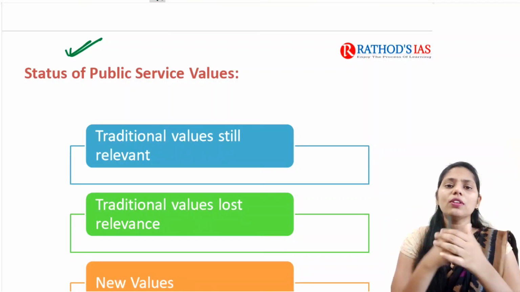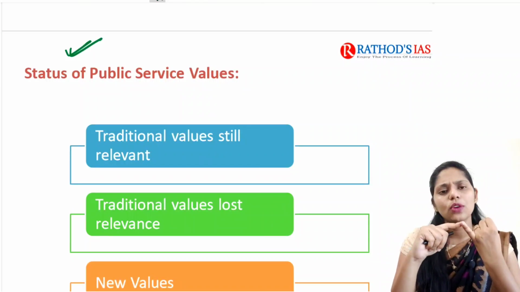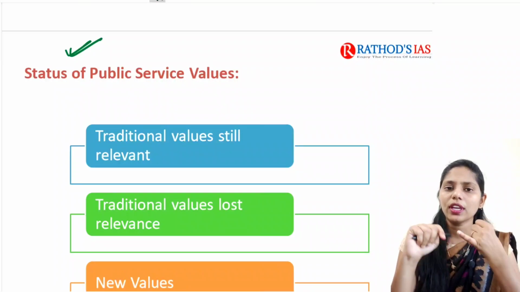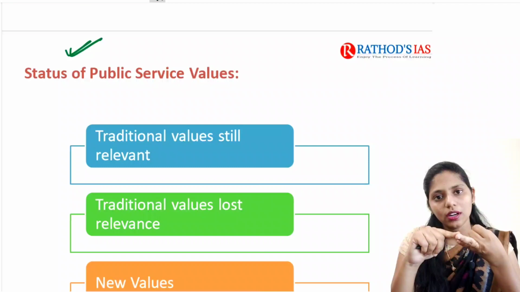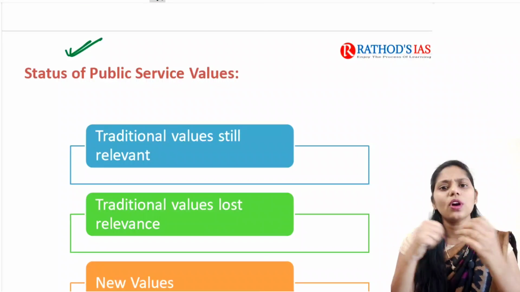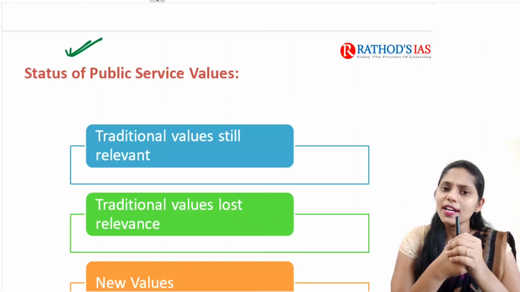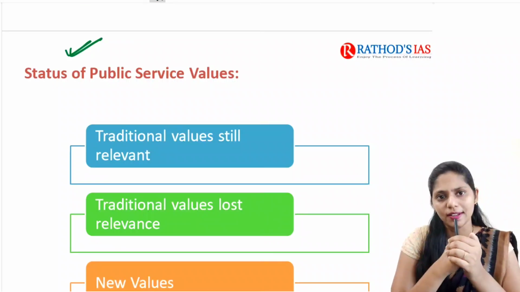If we are talking about the status of public service values, there were some traditional values which are still relevant at present, and there are some traditional values which are not relevant now. Because those are not relevant now, we are moving forward to get some new values.